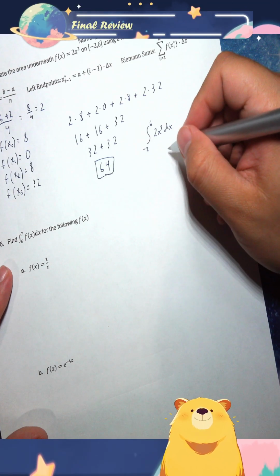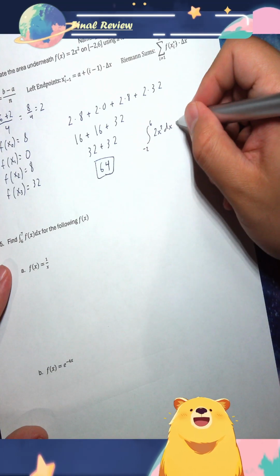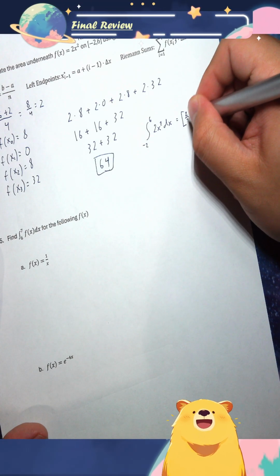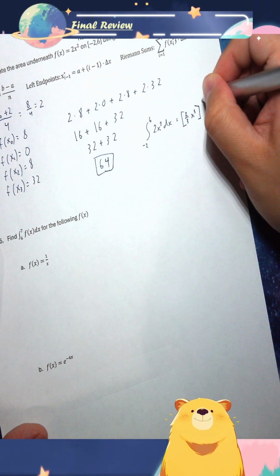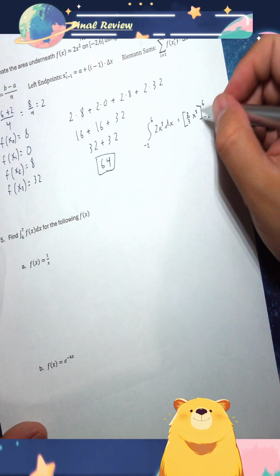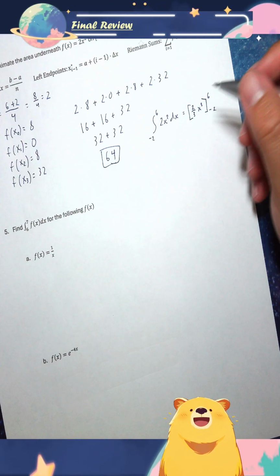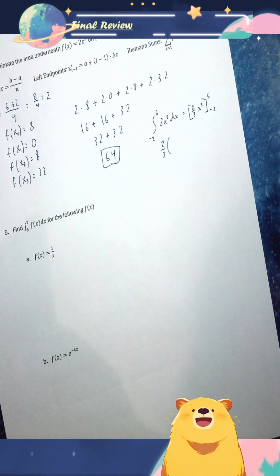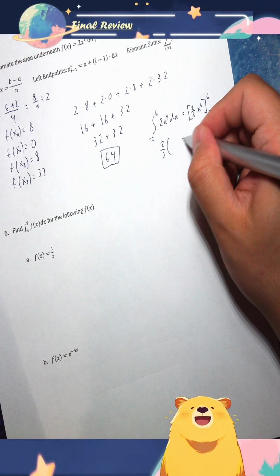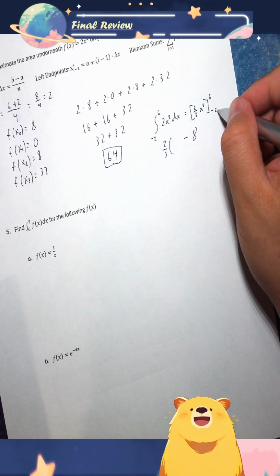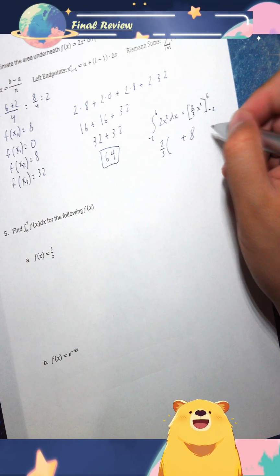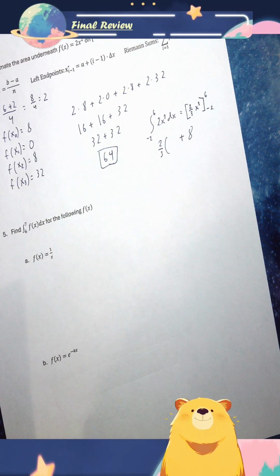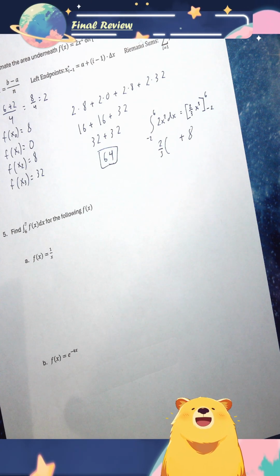Using the power rule, we can simply say that that's going to be 2 over 3 x to the power of 3, from -2 to 6. I know, for example, that's going to be +8, because it'll be minus a negative, and -2 to the power of 3 is definitely going to be -8.